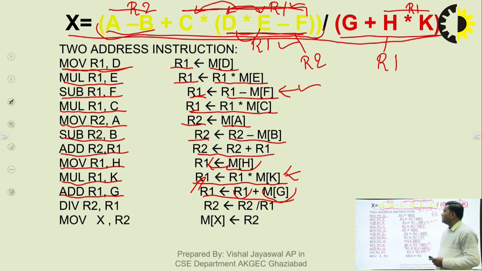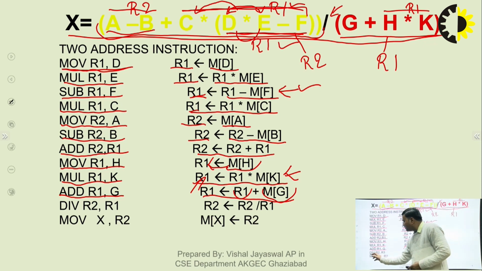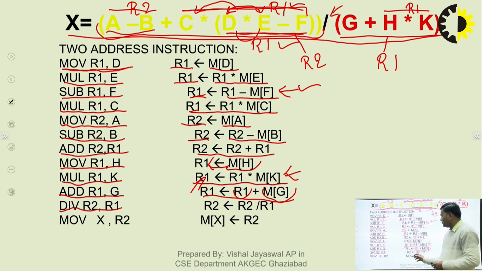So we can see that our whole numerator is solved and stored in R2 register, and our whole denominator part is solved and stored in the R1 register. And here there is a divide sign, means we have to divide R2 by R1. So for this we are using div instruction. Div R2 comma R1 means R2 tends to R2 divided by R1, means our numerator and denominator part is divided and stored in the R2 register.